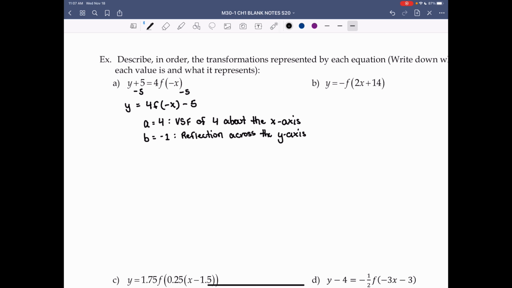And then we have that k equals negative 5, which is a vertical translation down 5 units.